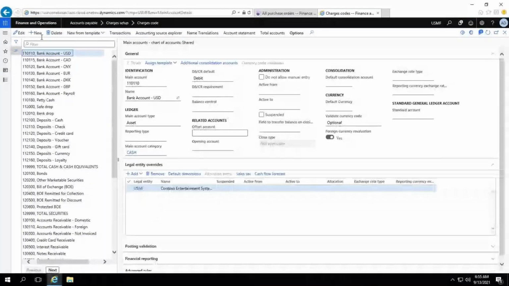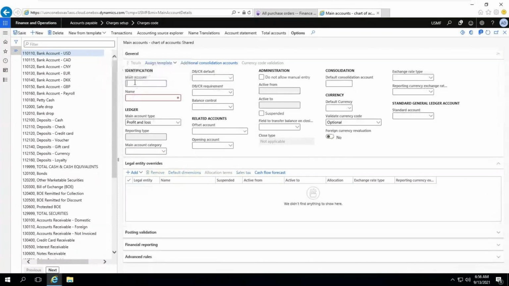So I will create 650200. I hope it does not exist. It is not there. Navata Transports. So it is expenses. It was created: Navata Transport 650200.